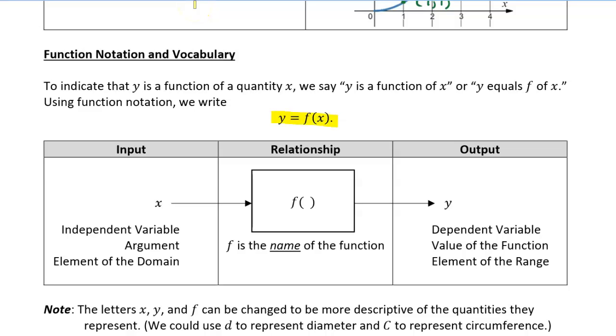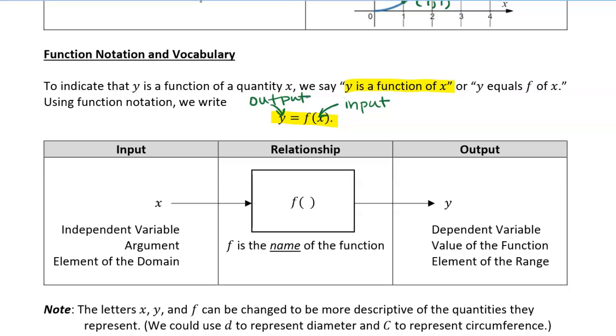This is basically saying the same thing, that y is a function of x. It's just a mathematical way to write that statement. So now the x is the input to the function. And you can think of the parentheses in this case as being sort of the receptor for the input. And then y is the output.